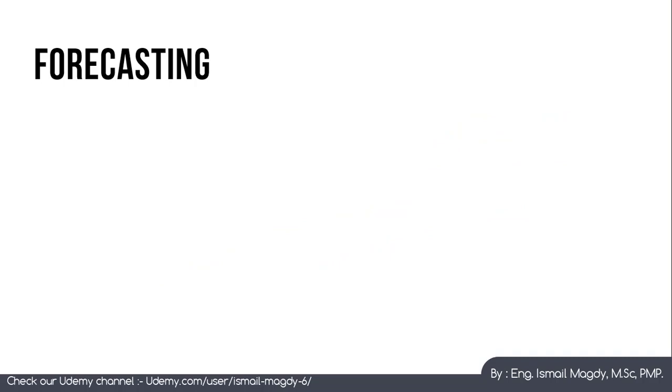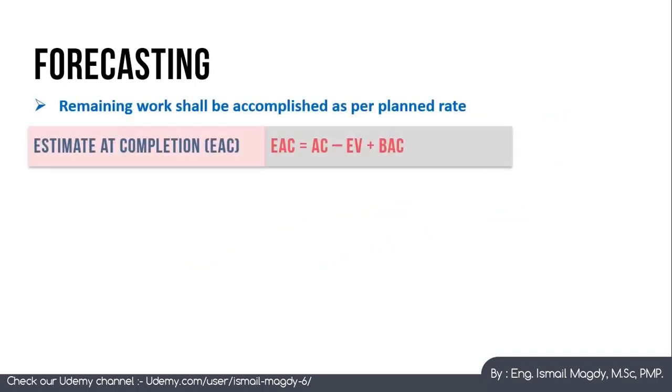So now that we understand the main concept, let's check the equations. First condition, if the remaining work will be completed based on the planned rate, the estimate at completion is going to equal the actual cost minus the earned value plus the original budget at completion.